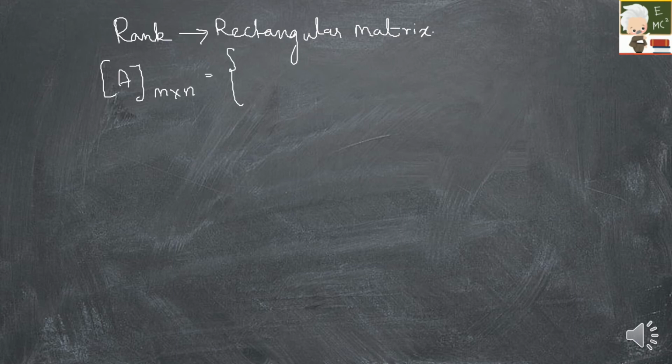If m is less than n, then your rank is less than or equal to m. If n is less than m, then your rank is less than or equal to n. These are the two conditions, just remember them. Let us take a few examples and try.